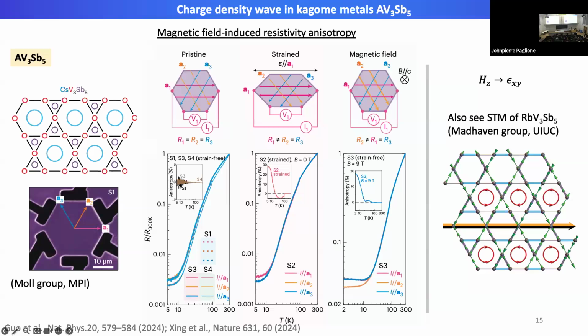So, again, while you have this up there, what is the evidence for time reversal symmetry breaking from STM? Right.